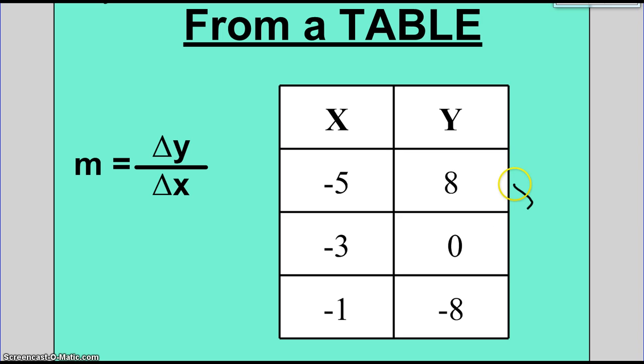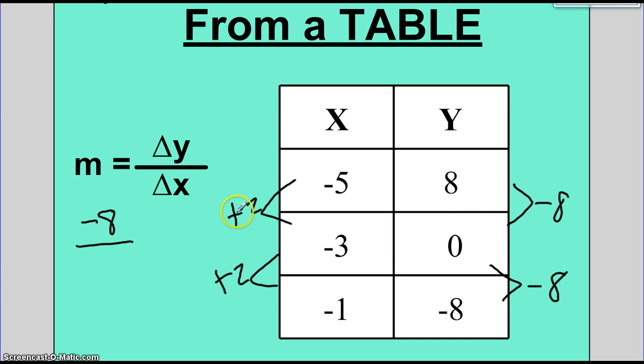Here I have a minus 8. Here I have a minus 8. From there to there I have a positive 2, and here I have a positive 2. So that means my slope is my rise over my run. So what's negative 8 divided by 2? And you should be able to tell me that it is negative 4. So my slope is negative 4.